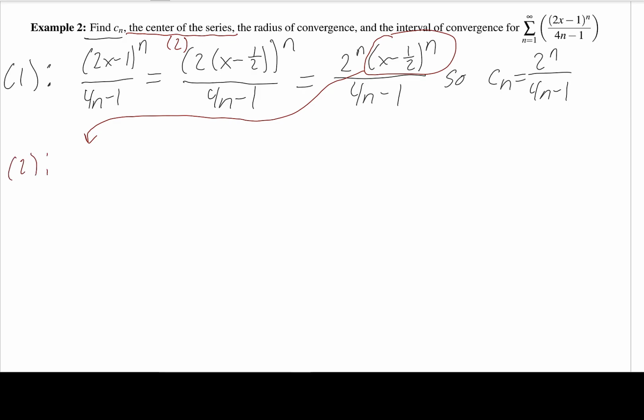So we have x minus a to the n is supposed to be equal to x minus 1/2 to the n. So that tells me that a equals 1/2 is the center of our series.